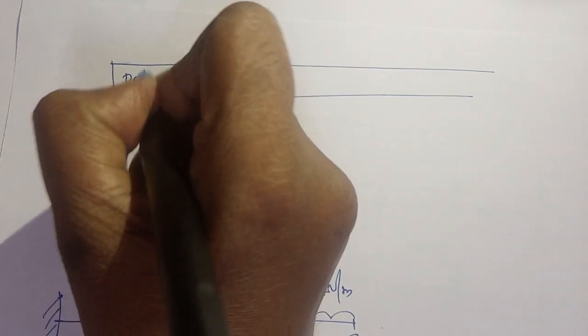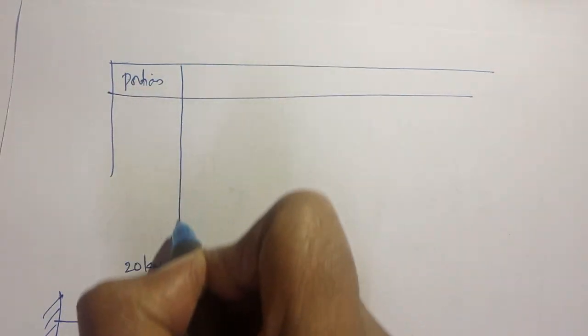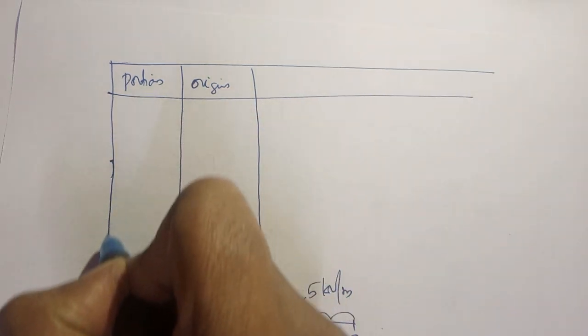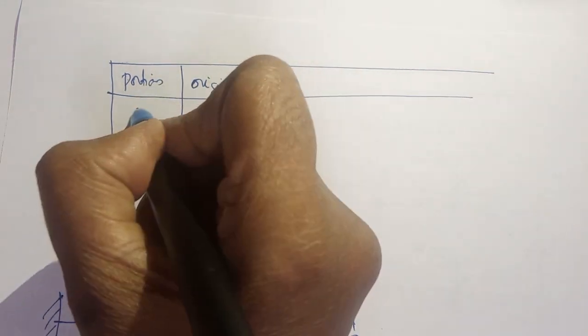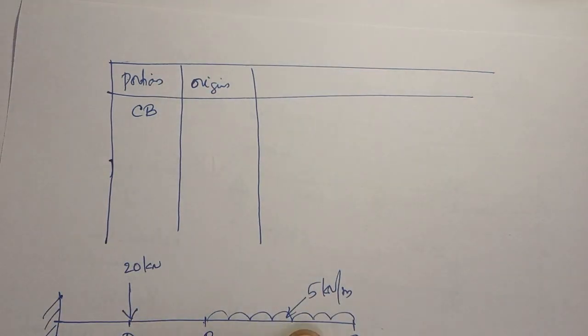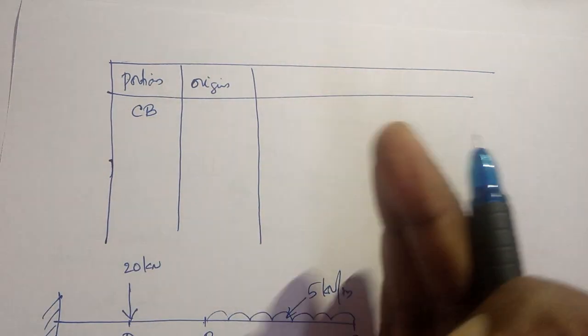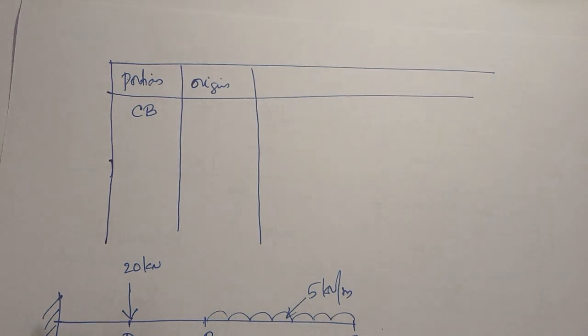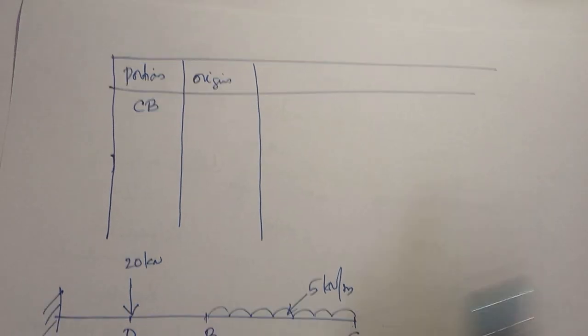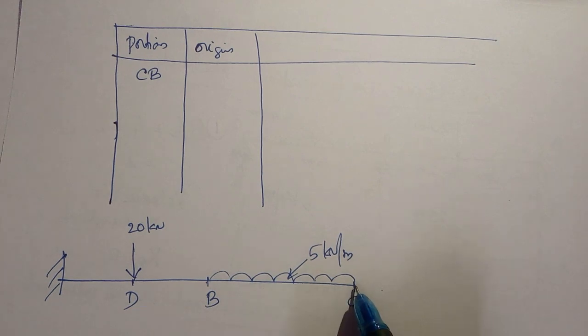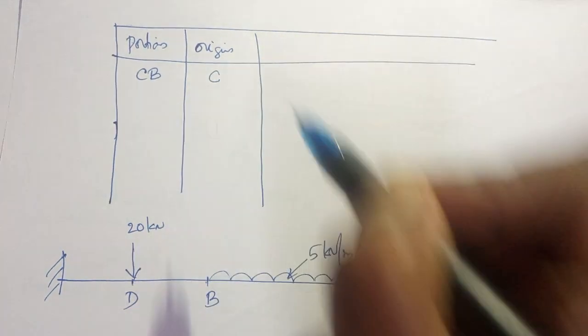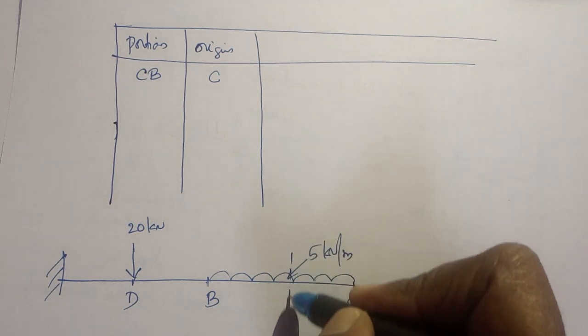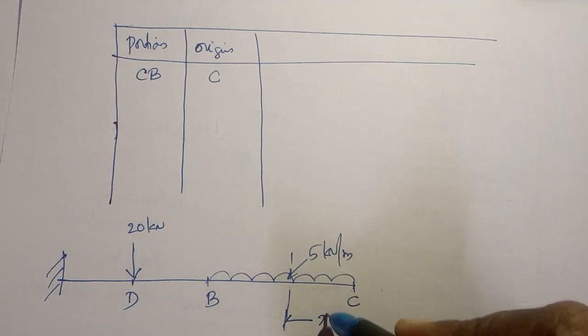You have to take the origin. Consider portion CB. It's a cantilever beam, and for a cantilever the solution is easy when you consider from the free end towards the support. So the first portion is CB, and you take the origin as C, meaning you measure x from C. The point from where we measure x is called the origin.